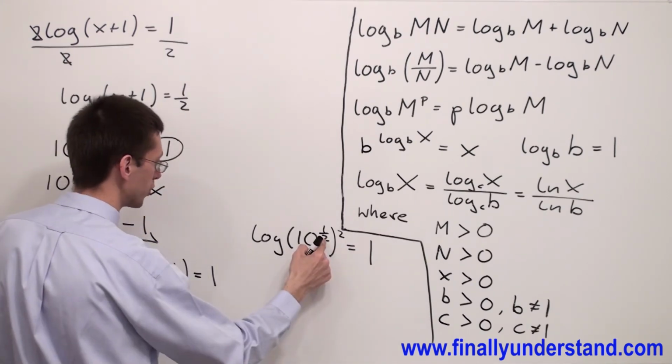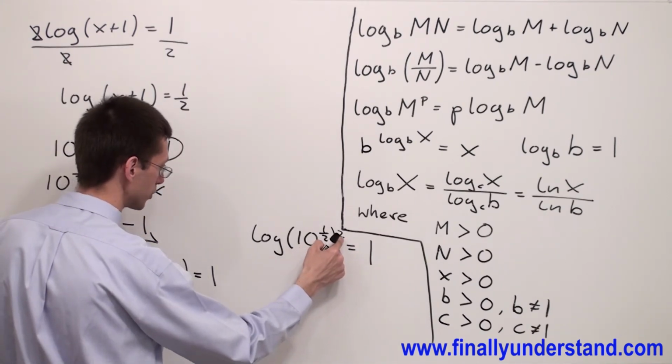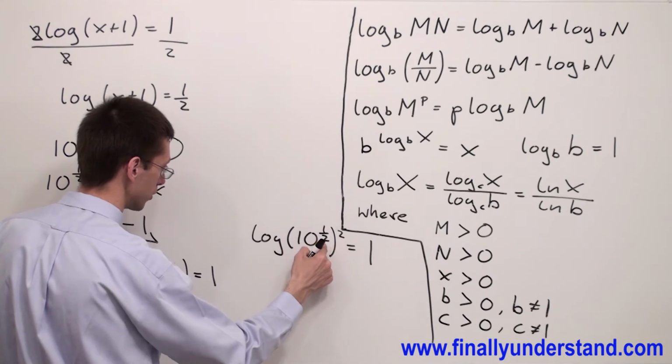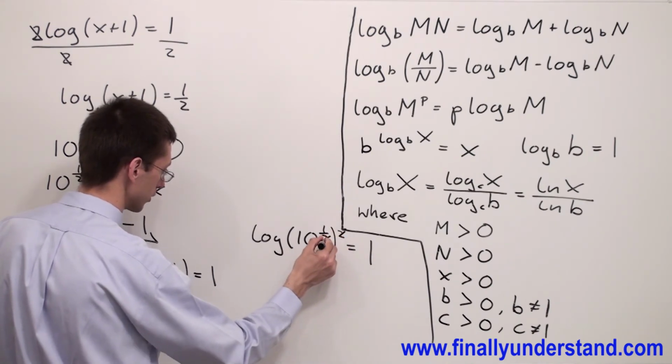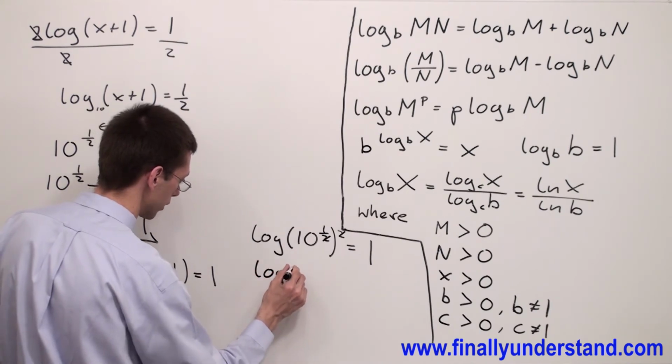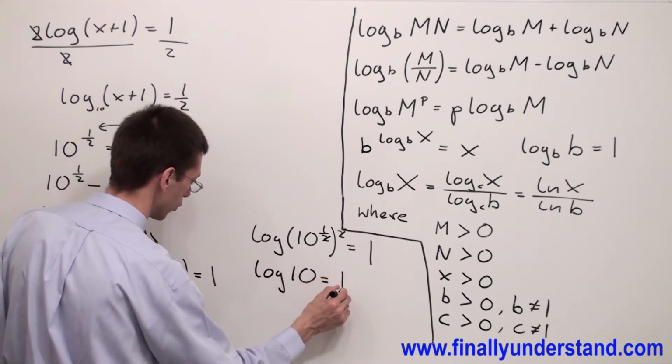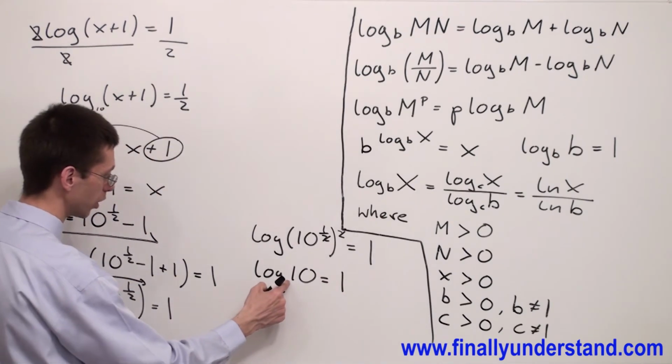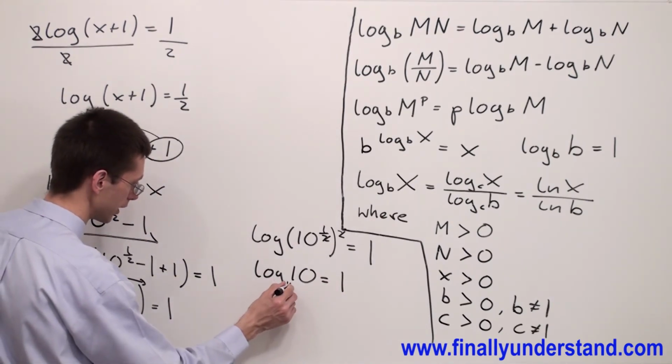We have to use the properties of exponents and simply multiply the external exponent by the internal one. So 2 and 2 will cancel out. And I'm going to end up with log of 10 is equal to 1. Keep in mind that this is the common log. Common log has base 10.